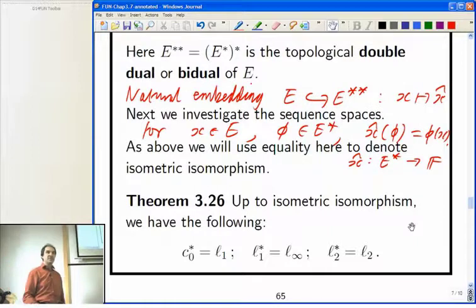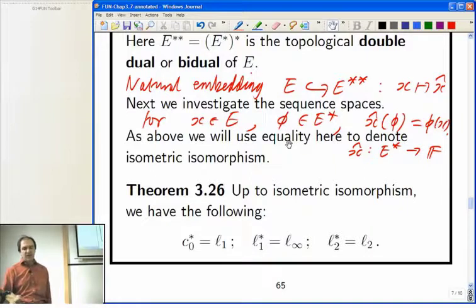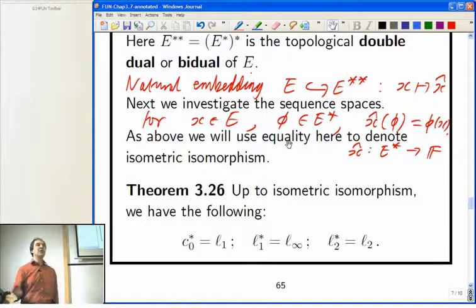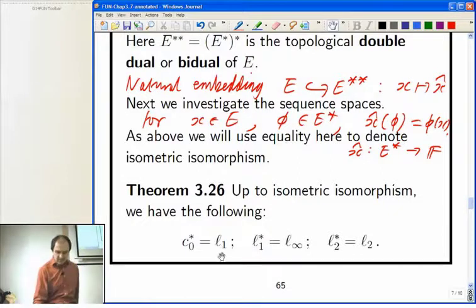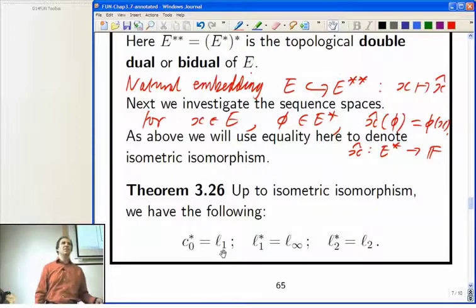So that's finite dimensional spaces, but now let's have a look at our sequence spaces. Now, what do we mean by equality? Equality here is going to mean isometric isomorphism, but also in a reasonably natural way again. We'll see how there's a very natural way, if you've got an element of little L1, to use it to make a continuous linear function on C0. And we'll see that the linear function you get has got the correct norm, the norm of the associated little L1 element.